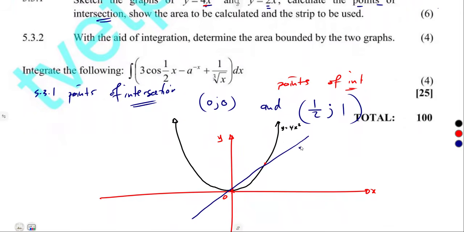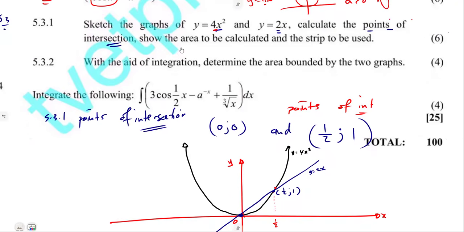Okay, that's the line of y is equal to 2x. So the points of intersection, that's (0, 0) at the origin, and this one, which is 1 over 2 versus 1, where the x value is 1 over 2.